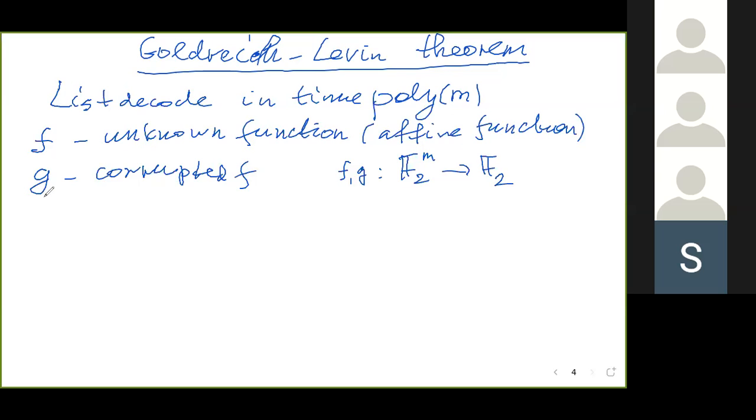And we are given g. We have g as some external procedure. That means that we are able to find g's value at any point.